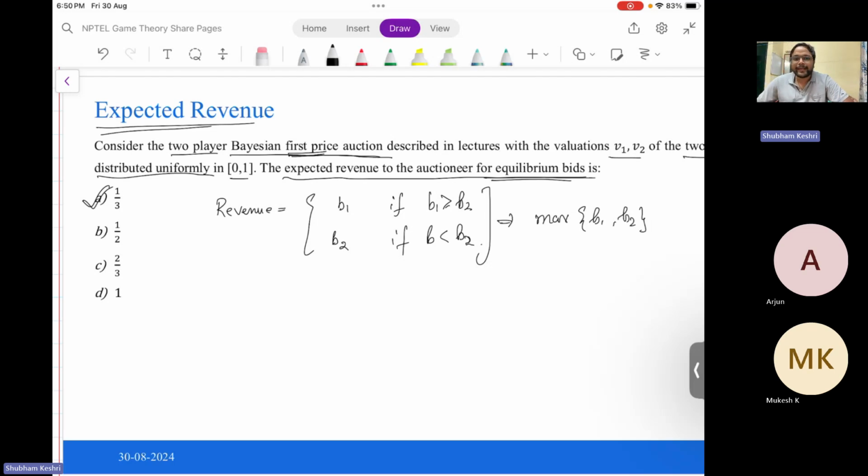This was the original function, and we have changed it in this way, and we are saying that this function and this function are equivalent. You have to see if this is equivalent or not. When B1 is greater than B2, this function will take value B1, and when B2 is greater than B1, then this function will take value B2. Therefore, both are the same function.